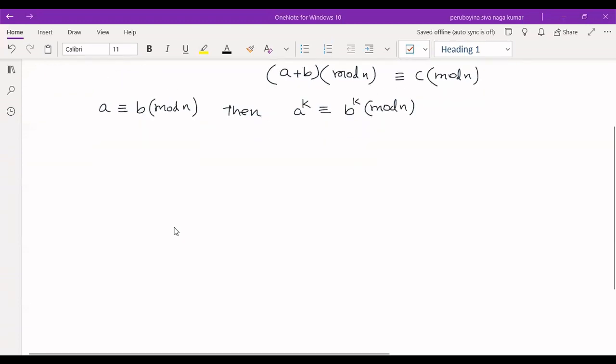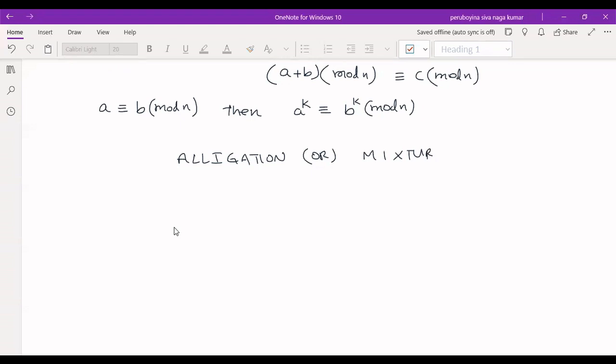Next, after modular arithmetic, the next topic we are going to discuss is alligation or mixture. In alligation and mixture, first, what is alligation?